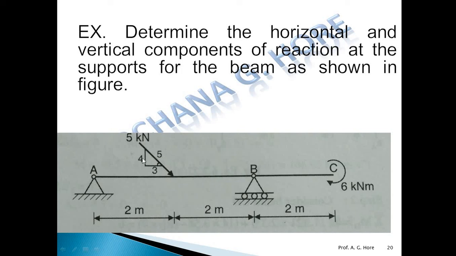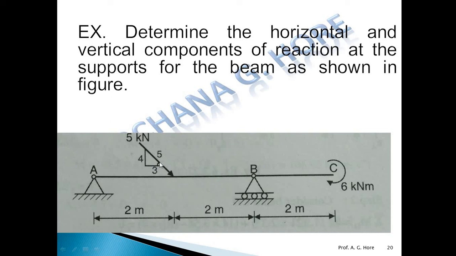In this right angle triangle, this is the angle theta. We want to find this theta. Opposite and adjacent sides are given, so theta is tan inverse of 4 divided by 3. So we will get that angle theta.